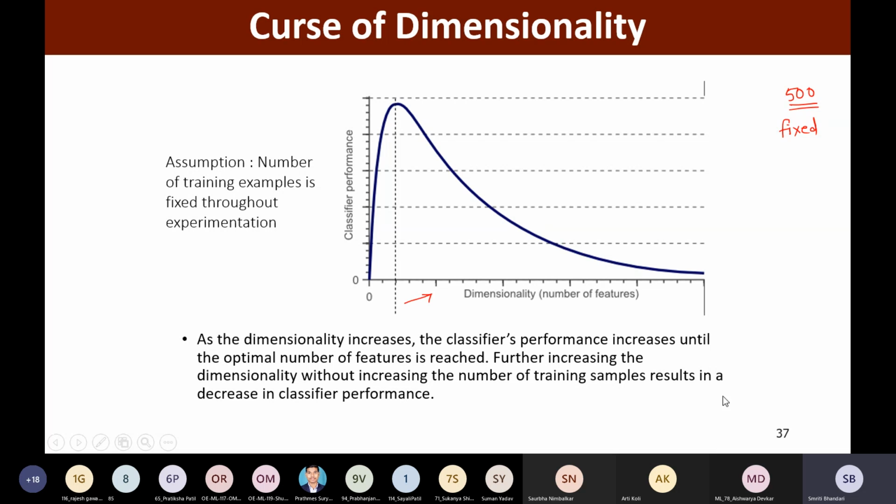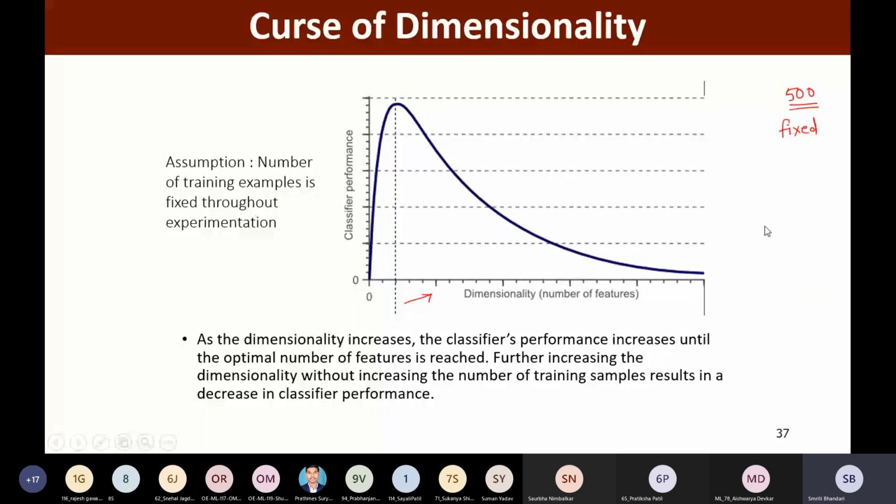And this is due to the curse of dimensionality. Okay, so please once again try to understand the concept. This is a very important concept that we are discussing, and afterwards we are going to find out the solutions for this problem. So what is curse of dimensionality?